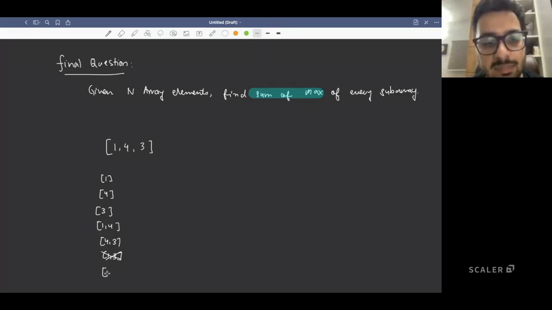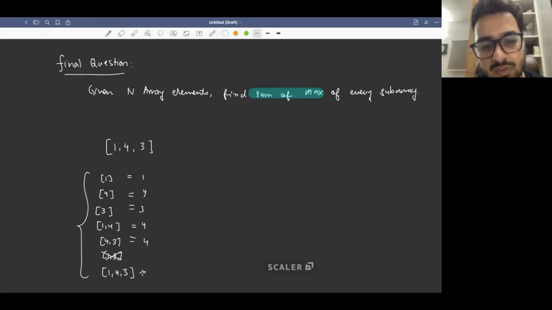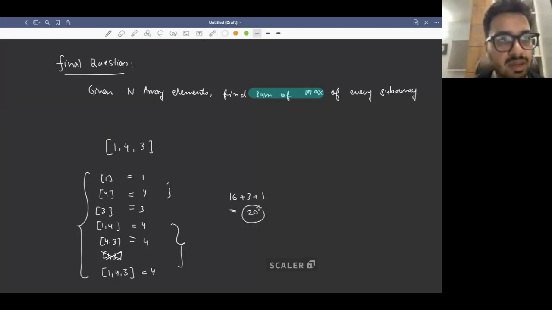I can have the complete array as a subarray. What is the maximum for each of the subarrays? 1, 4, 3, 4, 4, 4. So 4 is coming 4 times. So 4 contributes 16 plus 3 plus 1. The answer here is 20. So this is the sum that I need to find out.